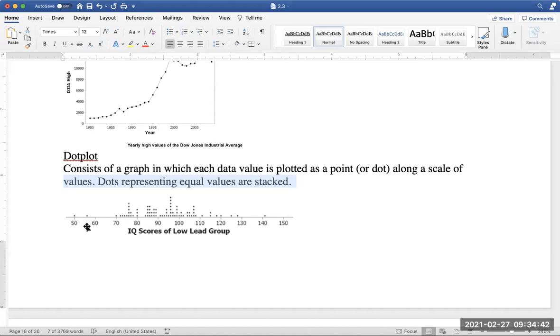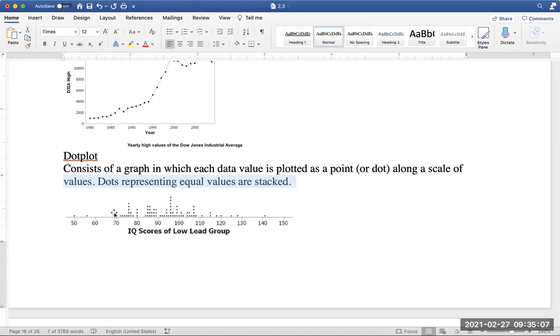So 50, 56, 70, 52, 73, 74, 75, or maybe that's 76, 76, 76. Because you have a whole bunch of repeats there, you stack them up, like 80, 80, 80. There are 3 repeats for the 80s, so you just stack the dots up.